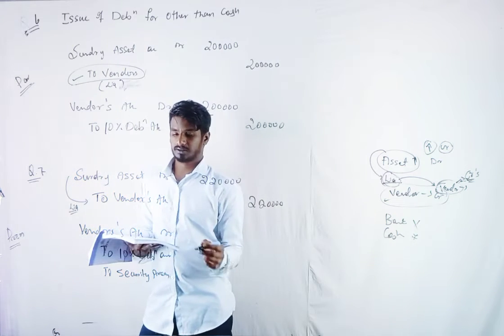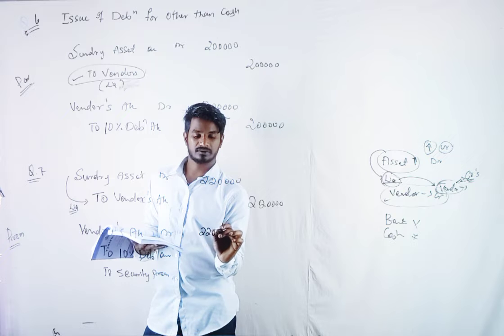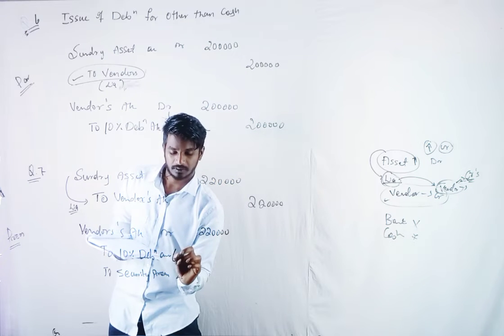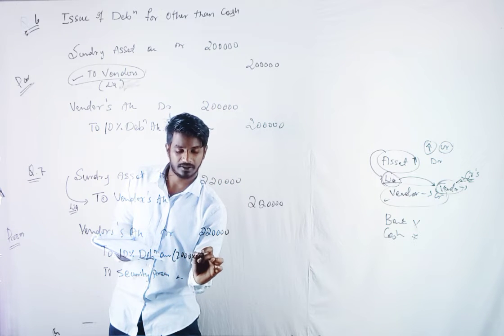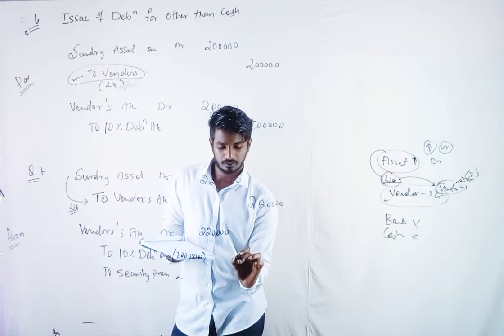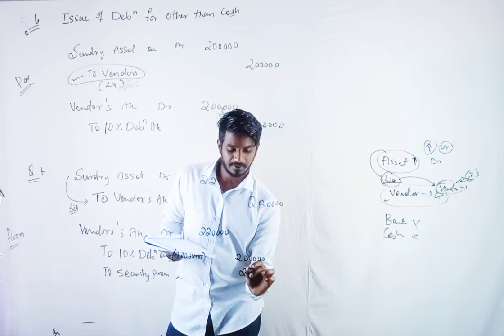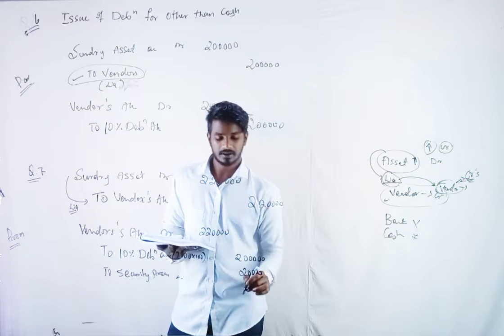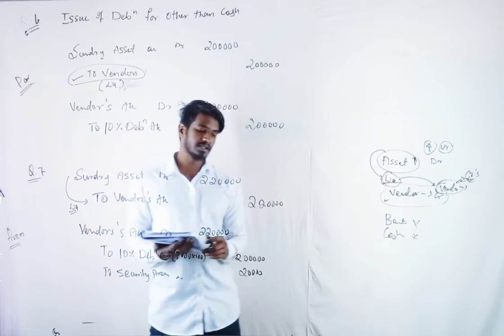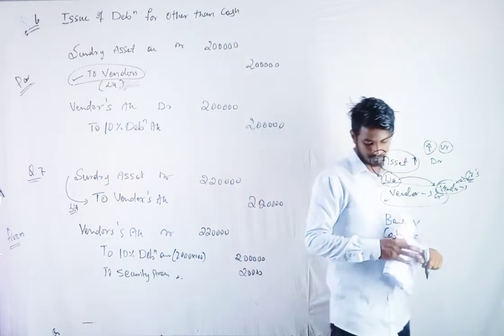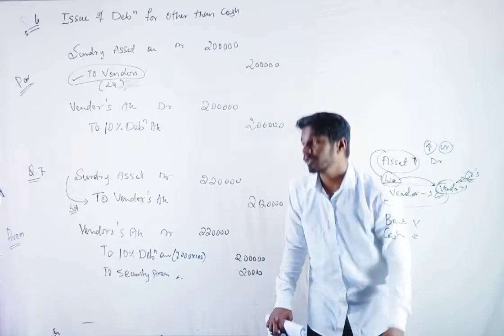For 2,20,000, 2,000 into 100 is 2 lakh, and the remaining 20,000 will be our security premium. Is that correct? The question is done. You can take down the question.